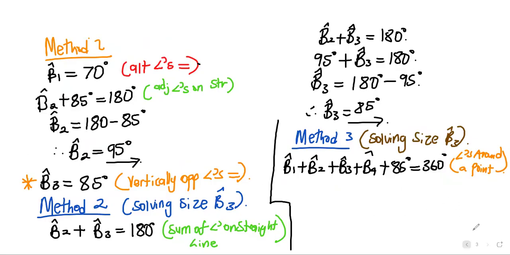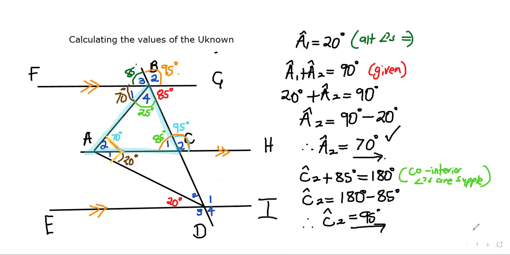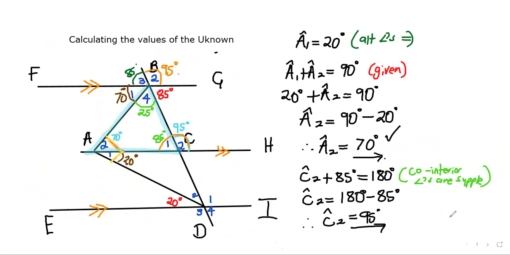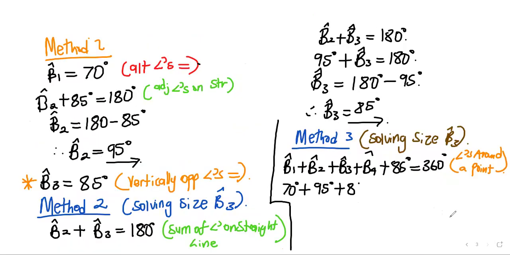So the next step is a matter of substituting. What is the size of angle B1? We got 70. So you're just going to say 70 degrees plus angle B2, we got 95. You're going to say 95 degrees plus angle B3. Maybe with B3 you don't substitute it, because I'm showing you how to calculate the size of angle B3 right here.